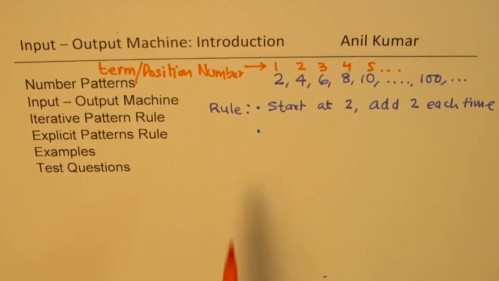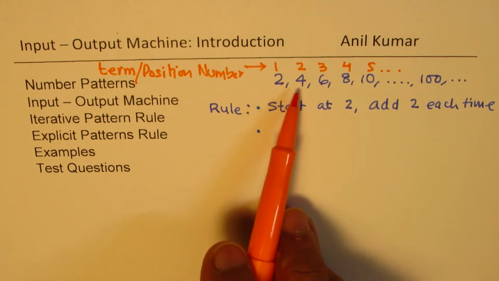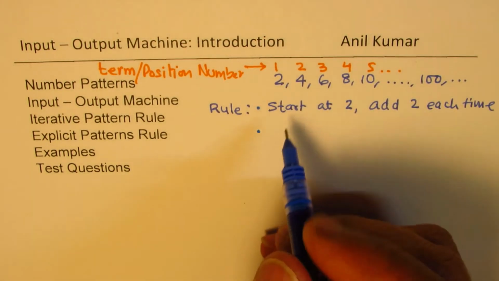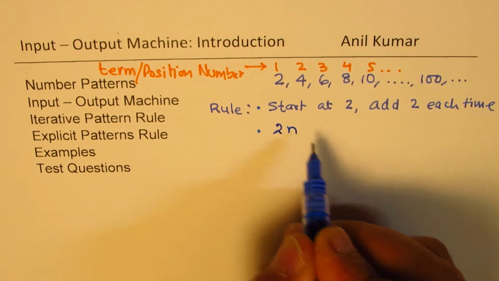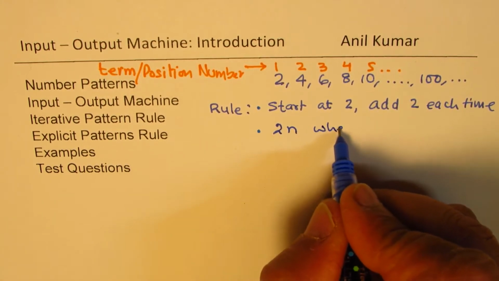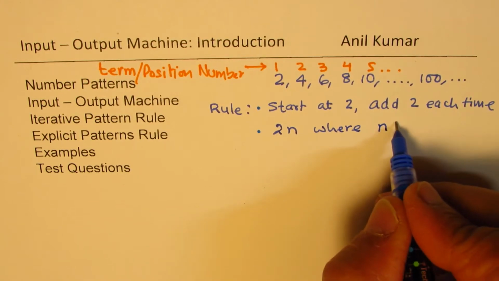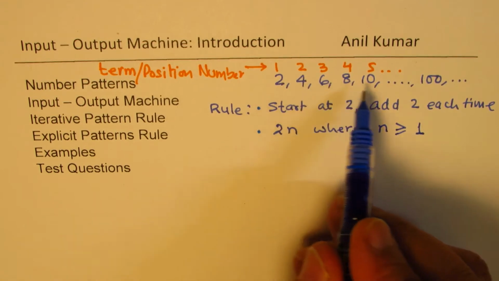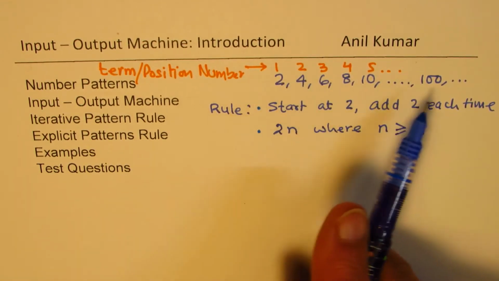Right, so at position 1 it is 2, and at position 2 it is 4, and so on. So we may say that this pattern is 2 times n, where n is greater than or equal to 1, starting from 1. So that also describes this particular pattern.